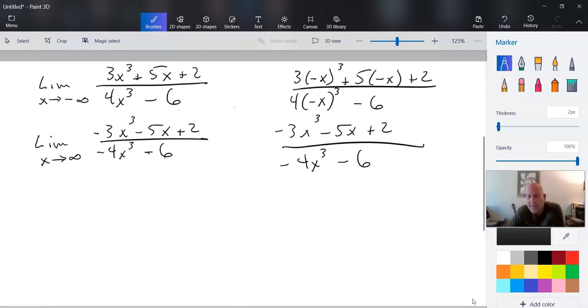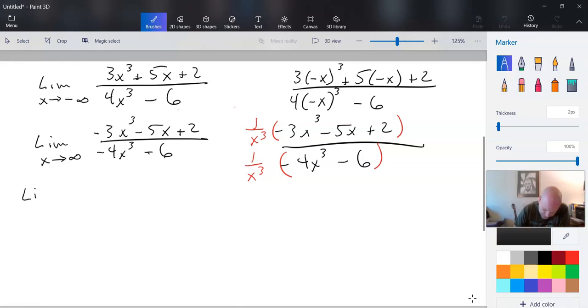Okay, so that's what we're looking at. Now, looking at these two terms here, I think we can see that it's going to be the same thing. I'm going to multiply top and bottom by 1 over x cubed. Right? And if I do that, I'm skipping a few steps this time, but you can verify this.